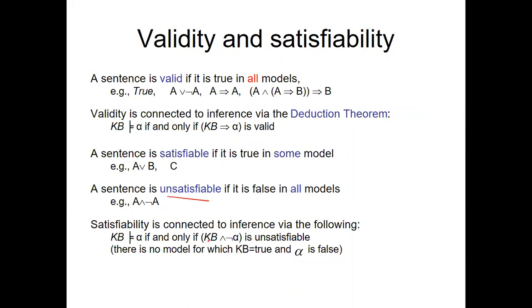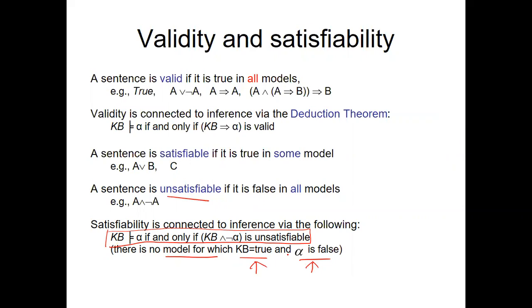You should be able to show that this is not possible, because there is no model for which KB is true and alpha is false.